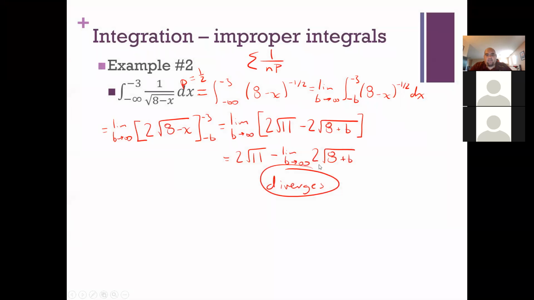This term right here, as b gets really big, is going to go to infinity all by itself. So even though this first term gives me 2 radical 11, this is going to grow without bound. So this integral can't have a value. It diverges. Awesome. Thank you. No problem.